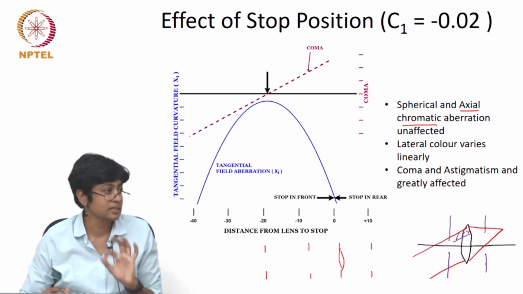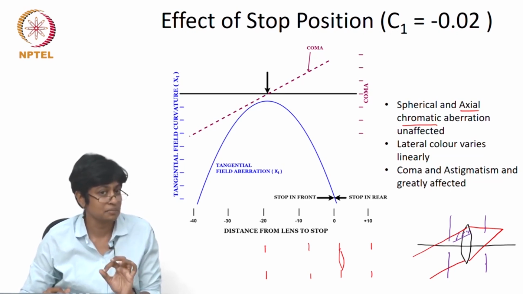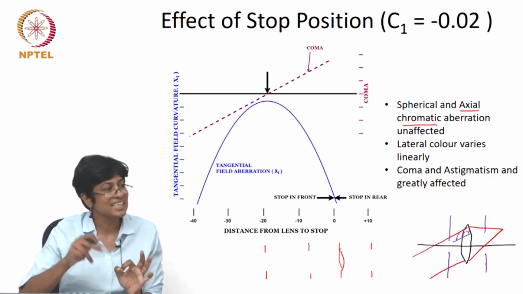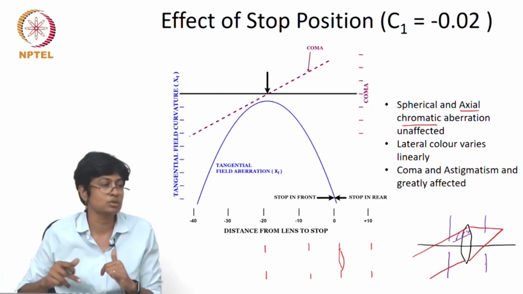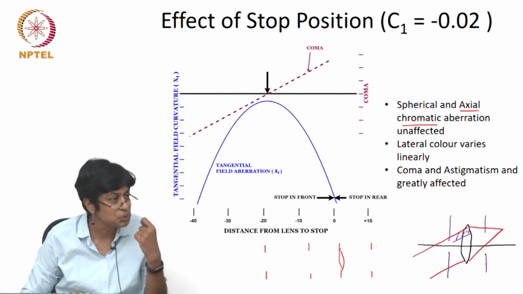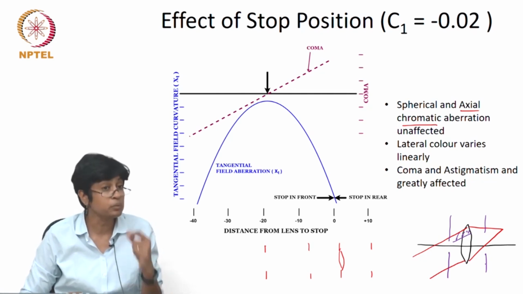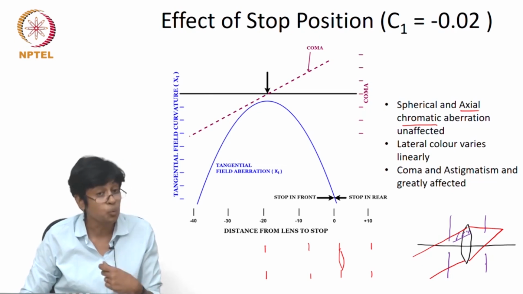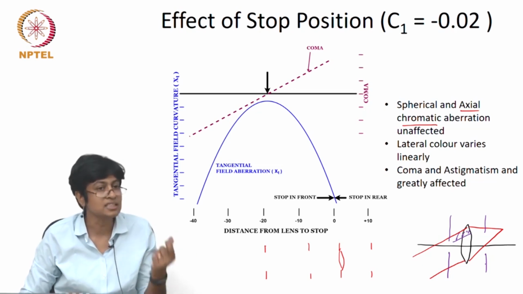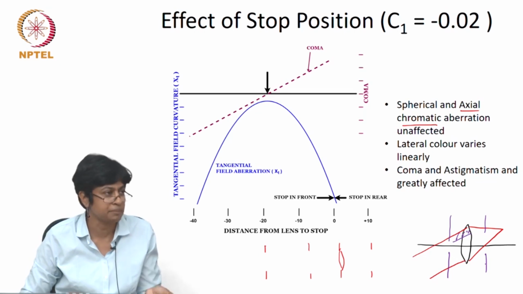So, coma, tangential aberrations, and astigmatism are greatly affected. And the moment I say greatly affected, it also means this becomes one of the tools by which to control or minimize these particular aberrations. I won't use stop position as a means of controlling spherical aberration.